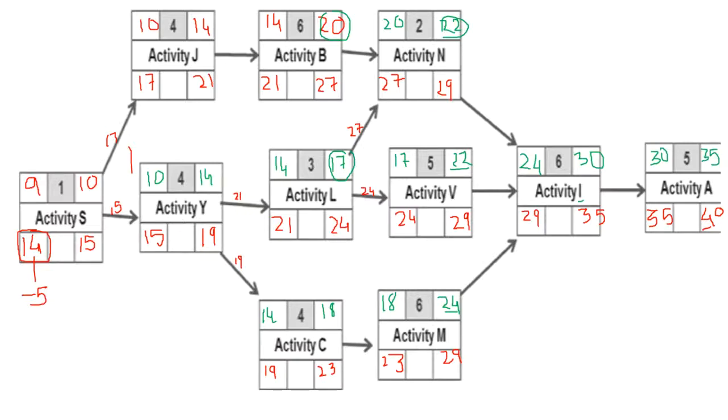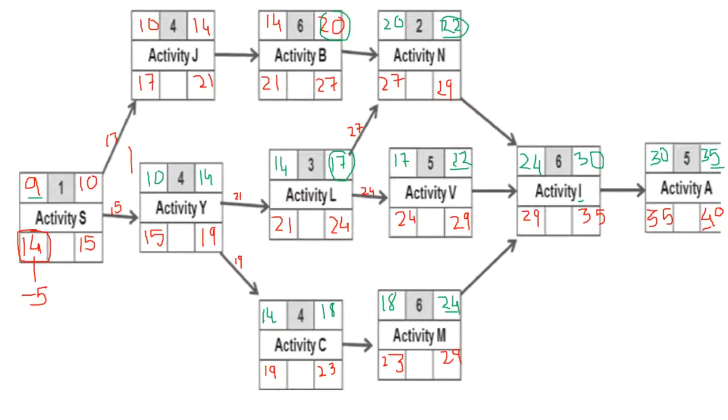So if all goes well in a perfect world, we could do an early start on day 9, and we could have finished it by day 35, and this way we would hit the target. Now we can see the critical path here.